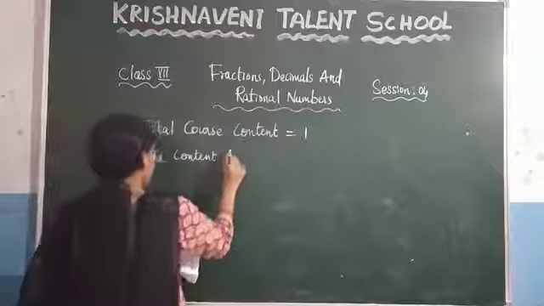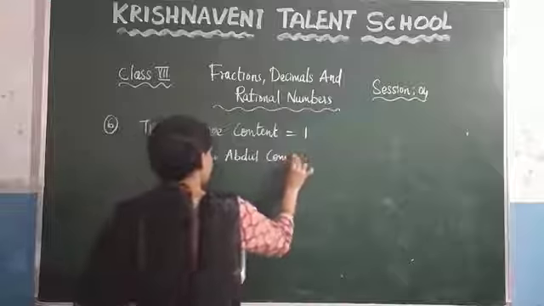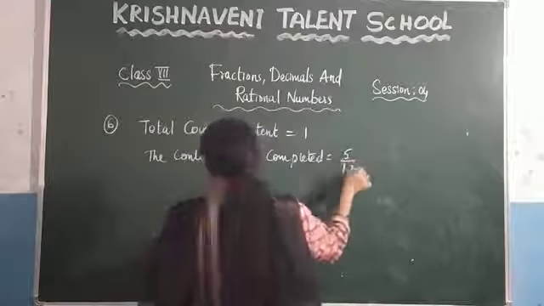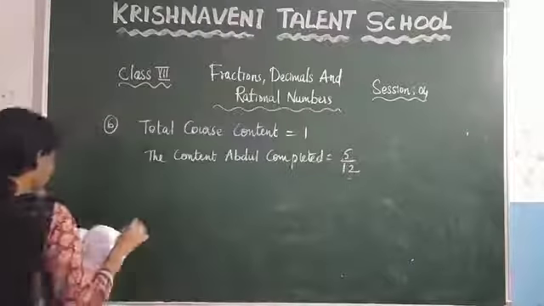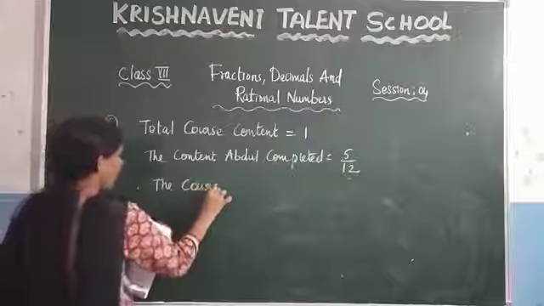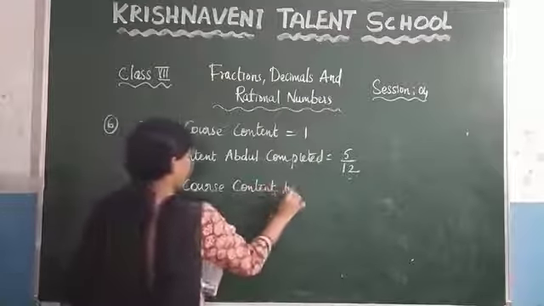The content Abdul completed is equal to 5 by 12, and the course content he left.